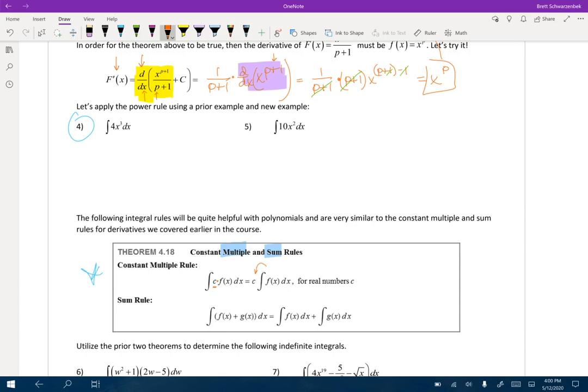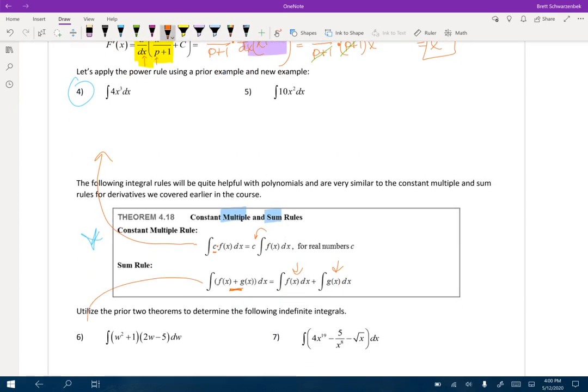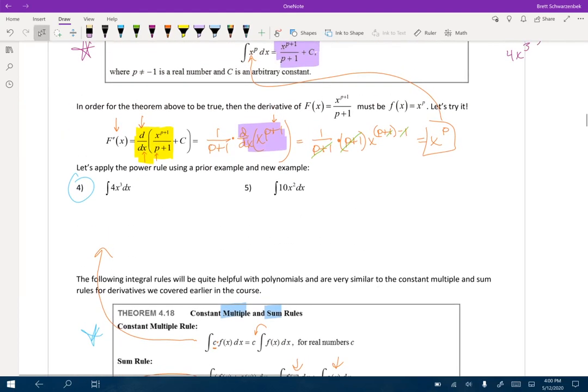Just like if you have the antiderivative of the sum of two functions, you're allowed to take the antiderivative of them separately. This one is going to be helpful for what we do up here, and both are going to be helpful for what we do down there.